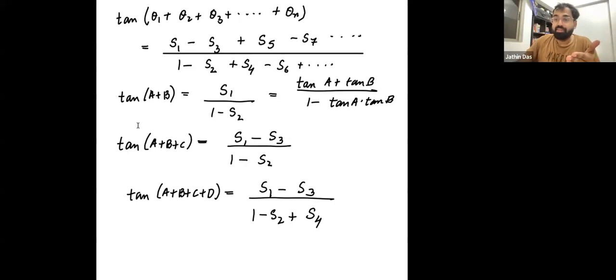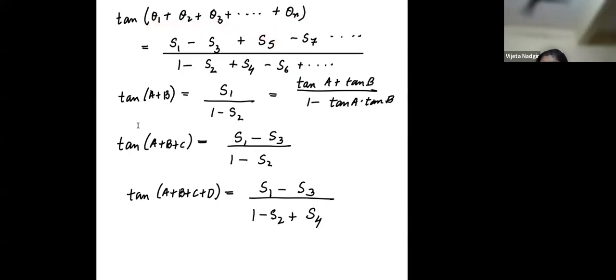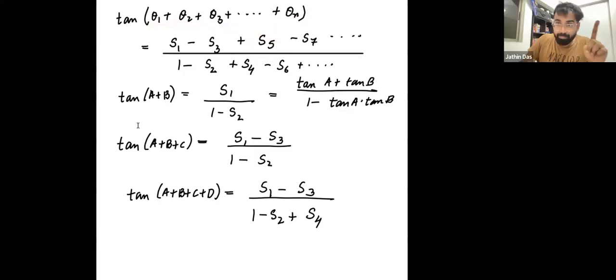But for that minimum, you should have 6 roots. Or 6 roots means 6. There should be 6 angles minimum here. Otherwise, if it is only 5 angles, then S5 becomes the product. Okay. Minimum there should be 6. Yeah. So not till E, it should be till F. If it is only till E, A plus B plus C plus D plus E, then the S5 is the product.